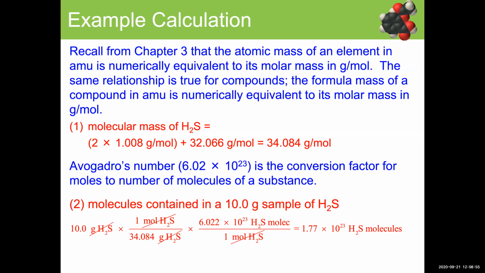We know from Avogadro's number that 1 mole of hydrogen sulfide has 6.02 times 10 to the 23rd molecules of hydrogen sulfide. So in that step, the moles of hydrogen sulfide cancel out, and we've converted our units from grams all the way over to molecules. And so now we know there's 1.77 times 10 to the 23rd hydrogen sulfide molecules in that 10 gram sample.